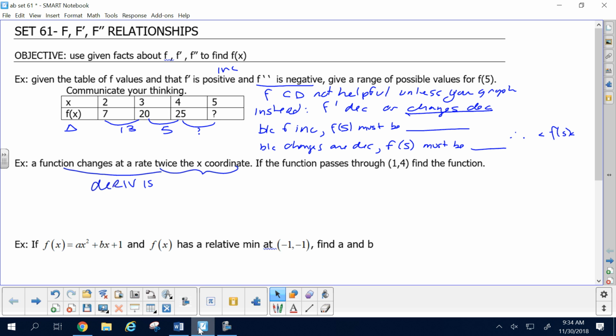So if F prime is decreasing, then that means changes are decreasing. So you might go to the table and think, well, changes are decreasing. The first change was an increase of 13. Then the next change was an increase of 5. The next change then should be less than an increase of 5. Now, you should be able to bound this on two sides. If F is increasing, F at 5 must be greater than 25.